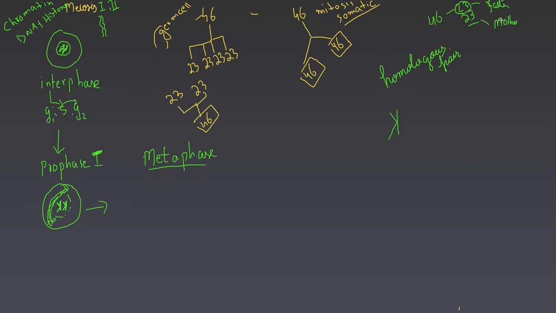So now think for a second. A chromosome which has a gene right here, let's say a gene for black hair, and this one is from your father.